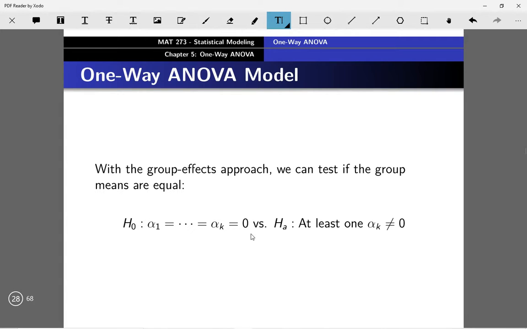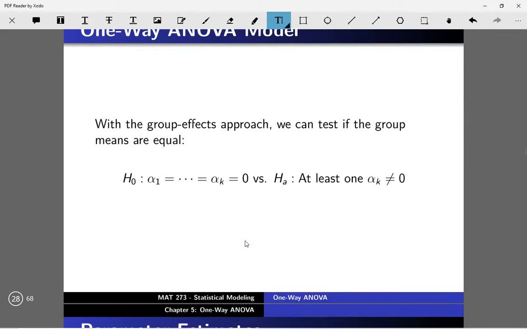And the alternative hypothesis here, which again is equivalent to the other testing procedure for the group means formulation, is just that at least one of the group effects is different than 0. In other words, this means at least one group differs in its average response.